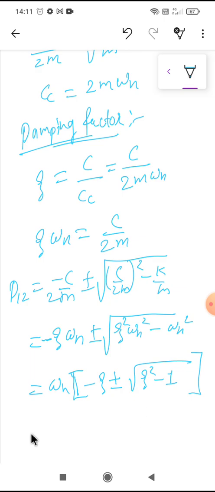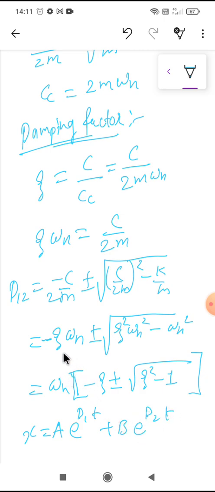So what is our general solution? That is a e raised to d1 t plus b e raised to d2 t.